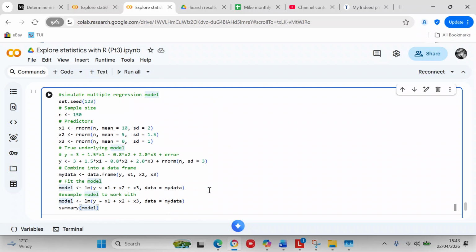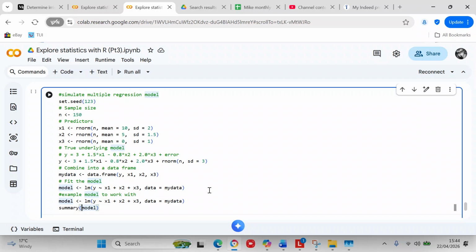So we're going to simulate a multiple regression model. The first thing you want to do is set your seed, so every time you run the program, the variables are going to be initialized to the same values. So you type set.seed brackets 123, and you can put any number you want in there. Our sample size is n becomes 150, so that means you're going to have 150 samples. And then you've got x1 becomes rnorm, which is a randomly sampled normal distribution, brackets 150 samples with a mean of 10 and a standard deviation of 2.